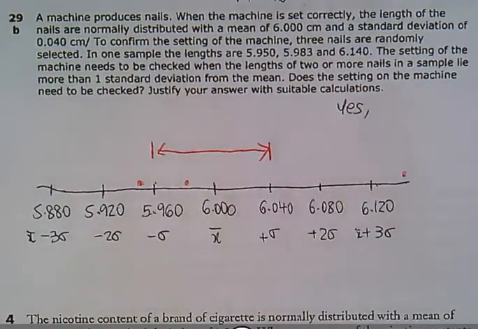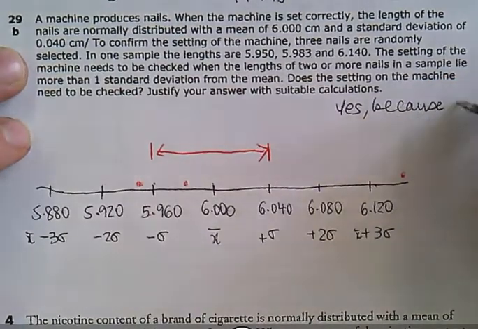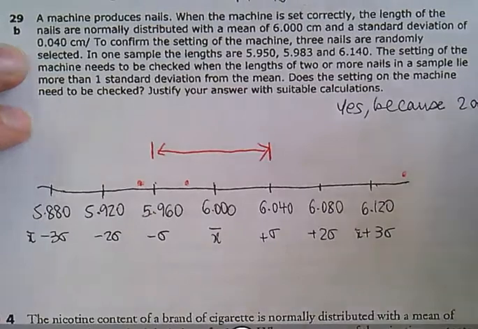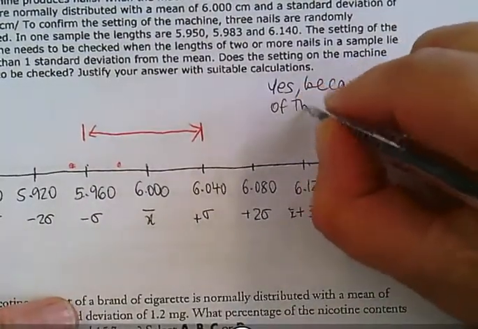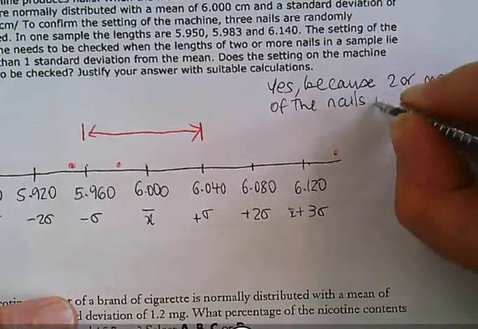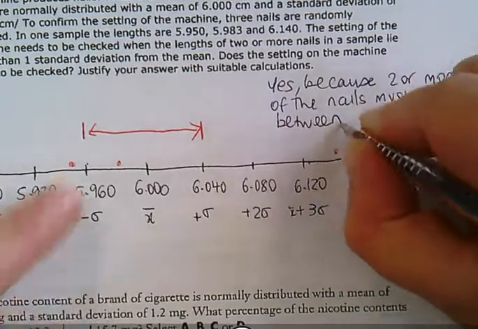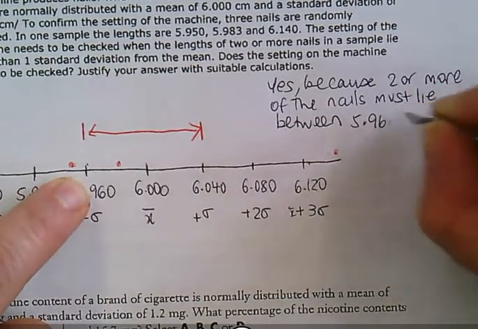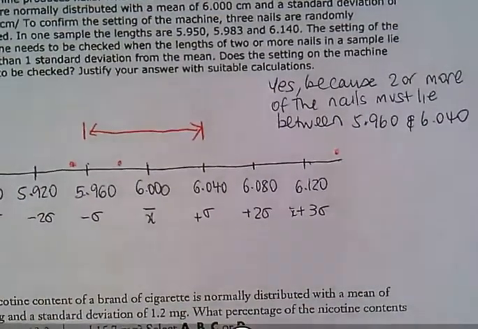So it's yes, because you can say that 2 or more of the nails, so you tell me what they need to lie between. Because 2 or more of the nails must lie between what? Here. Between 5.960 and 6.040. That's justifying.